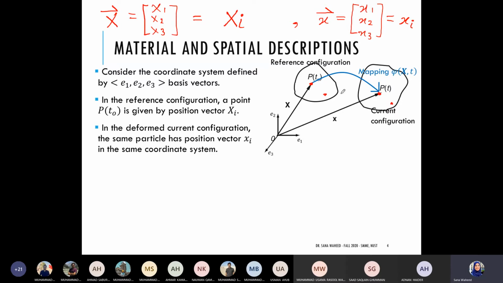Okay. So my point is कि वो each particle of the body is being defined by its position in space.